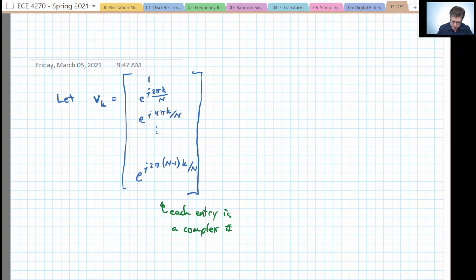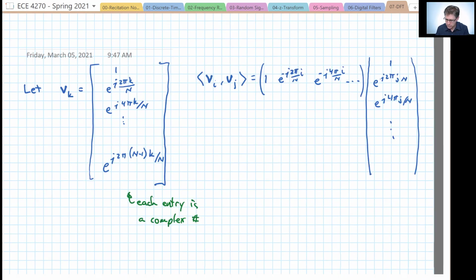So let's see how we're doing here. If we take Vi, inner product, with Vj, we're going to have these two vectors, and I hate to write this all out again, but I'll do a little bit. 2 pi k over n, like so.